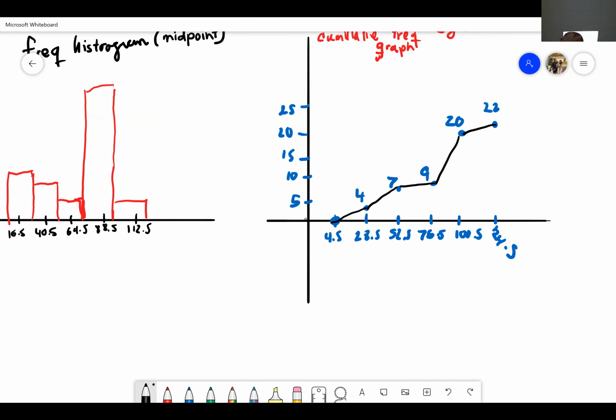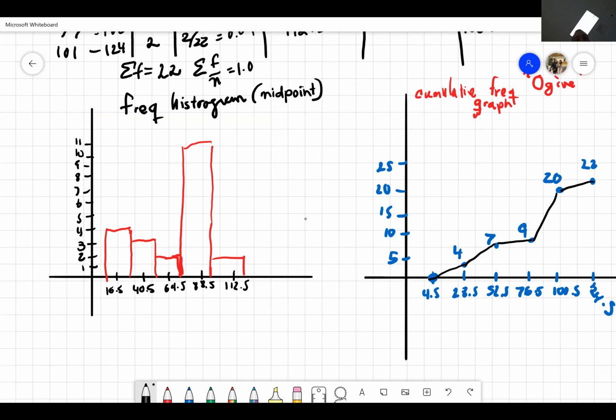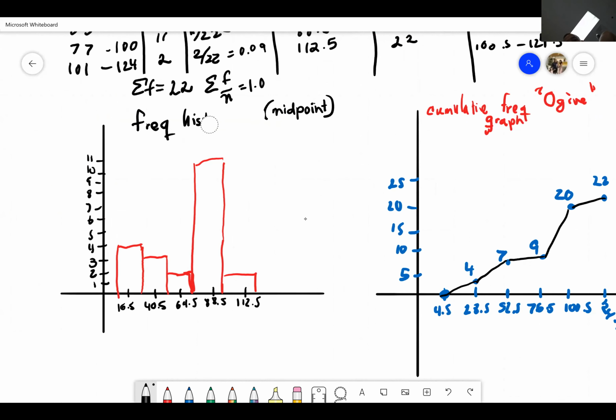All right. Now, here's the great thing. What if I asked you to do a frequency polygon? It is a closed shape. A frequency polygon has to use midpoints. What's convenient is that right now I have midpoints here.